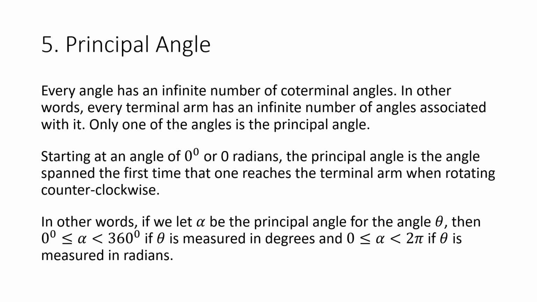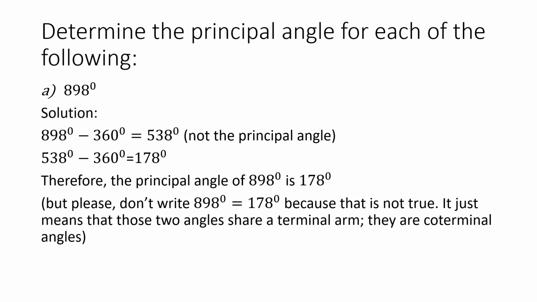If we have an angle of 360 degrees, the principal angle is 0 degrees. Otherwise, it's just the first angle you get to when you rotate in a positive direction from the positive x-axis. And with radians, it's the same thing.